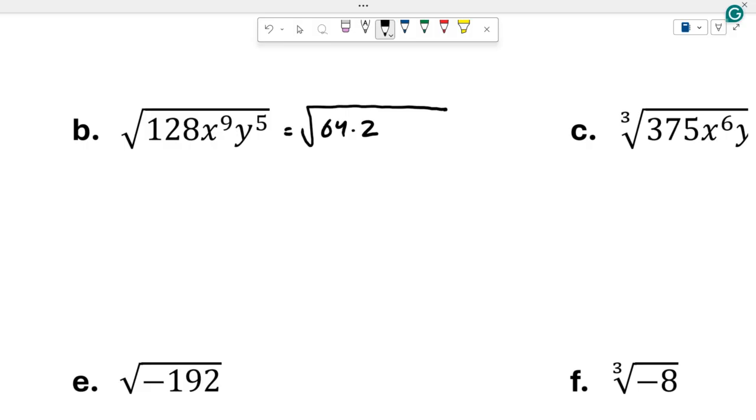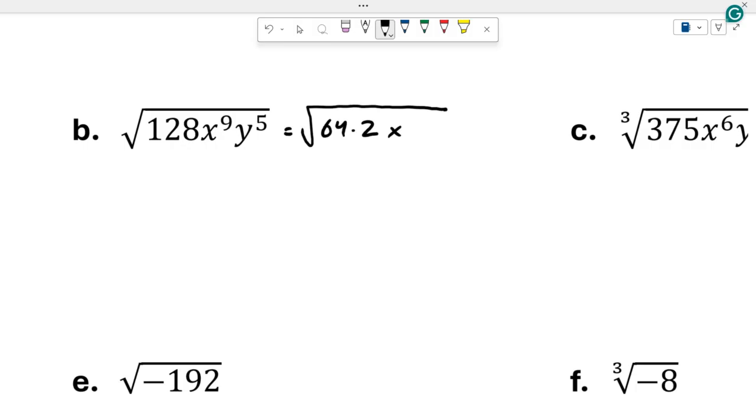All right, now for the unknowns, for the variables here, I've got x to the 9th. Now with a square root, what I want to do is ask myself, how can I group these x's so that they are a square number?